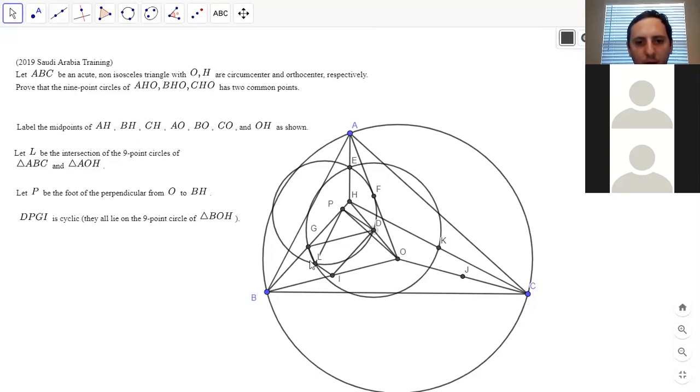We want to show that all three of them also pass through L. Maybe we should invert. Yeah, I think if angle chasing isn't working, we should change to using inversion. Okay. Yeah, I think that inversion around the nine-point circle of ABC looks fine.